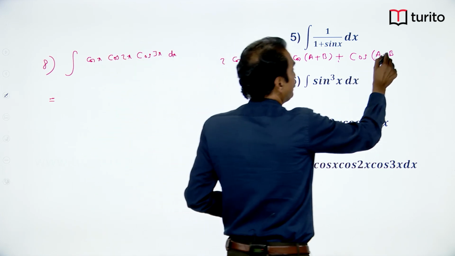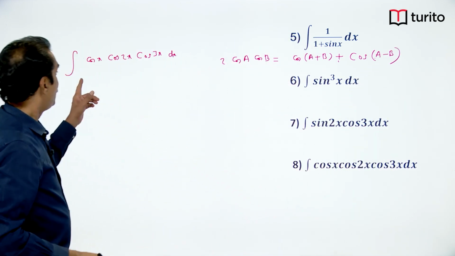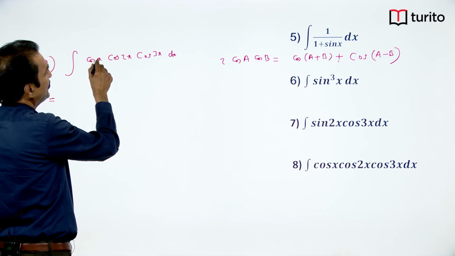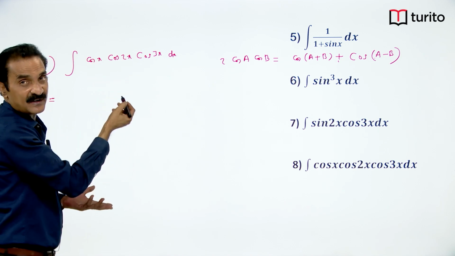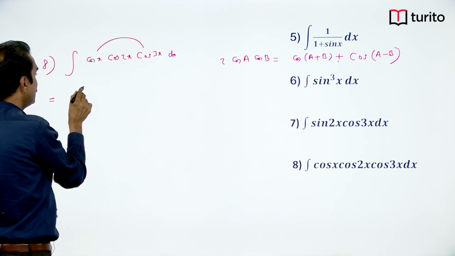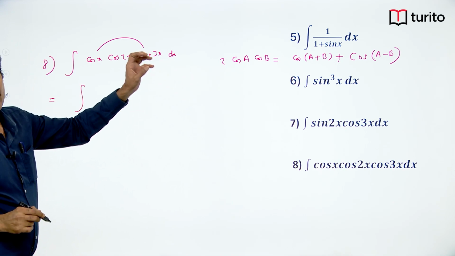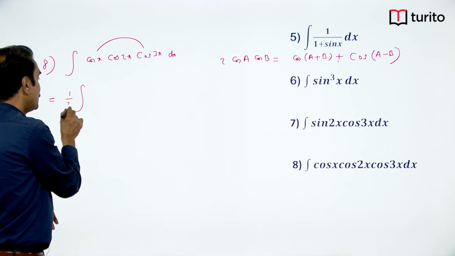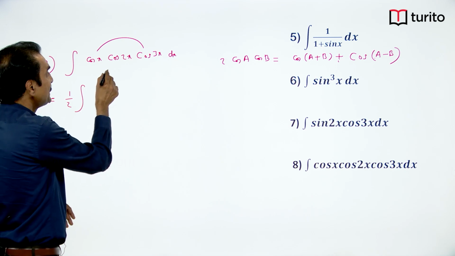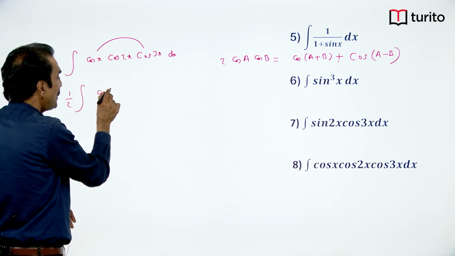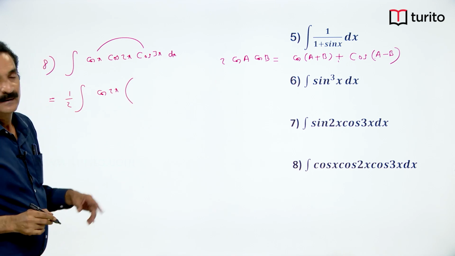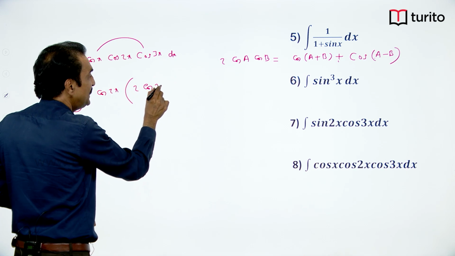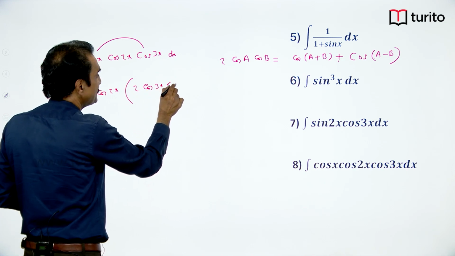Using this formula, taking two at a time, usually we combine odd terms and even terms separately. So, I am combining this and this. In order to apply that formula, we need 2. So, multiply by 2 and divide by 2. Outside 1 by 2, inside write cos 2x separately, and remaining is 2 cos 3x cos x.